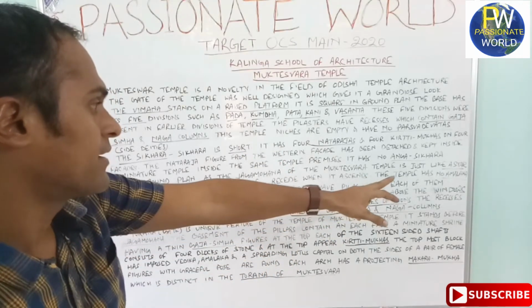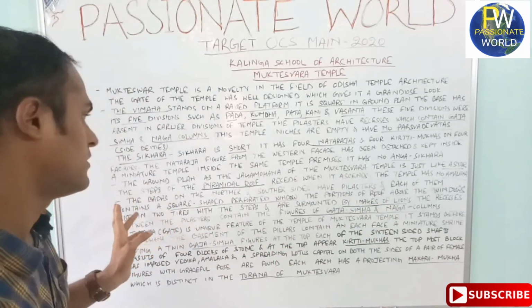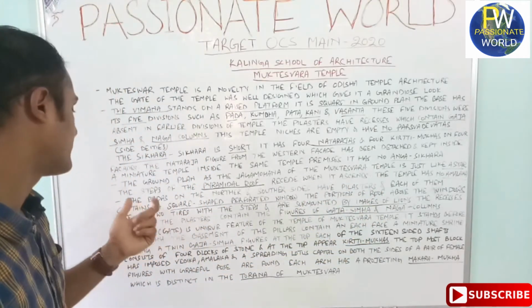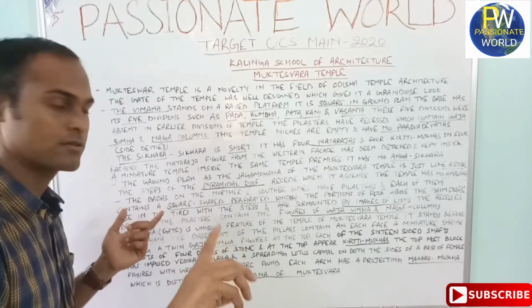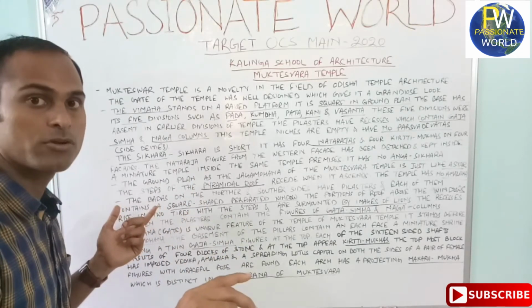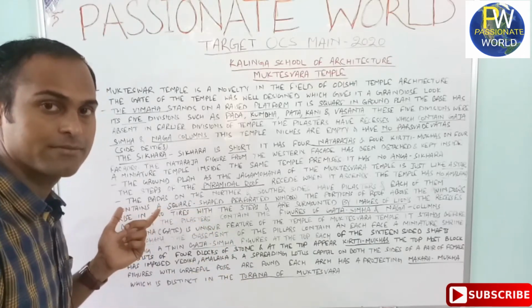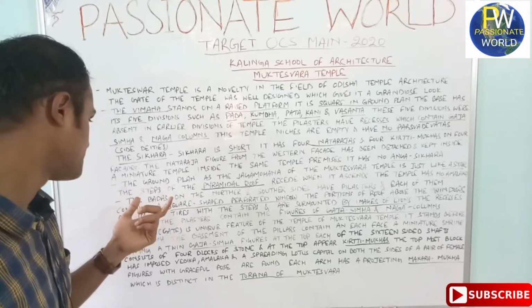Then the temple has no Amalaka, and the borders. We have studied borders about it: B equal to P J V. We have remembered it.